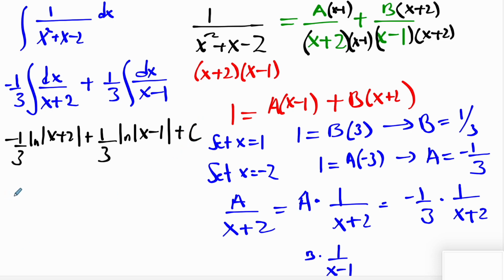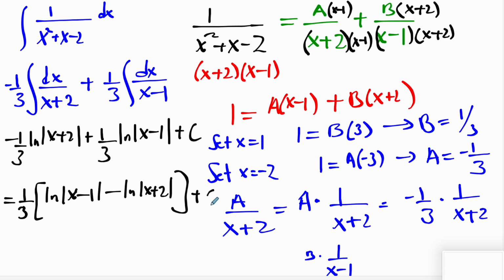Okay? Now, how can we condense this? So I'm going to factor out the 1/3 from the first two, and I will choose to write ln of x minus 1 first, because that's the one with a positive coefficient in front. And then I will write ln of x plus 2 later, and plus C at the end.